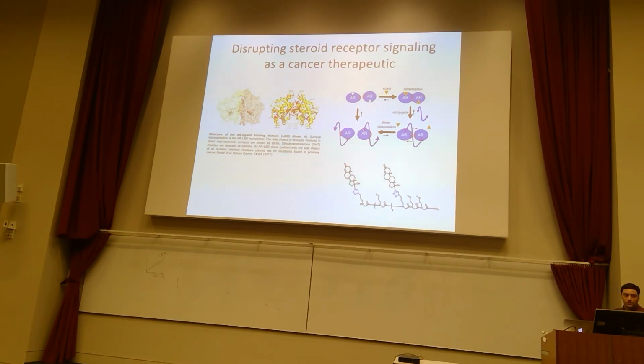If we can block that dimerization, presumably we can block the formation of the active complex that drives transcription of these genes and block the growth of the prostate tumor. Yeah. So that also has proven to be an effective strategy for us.